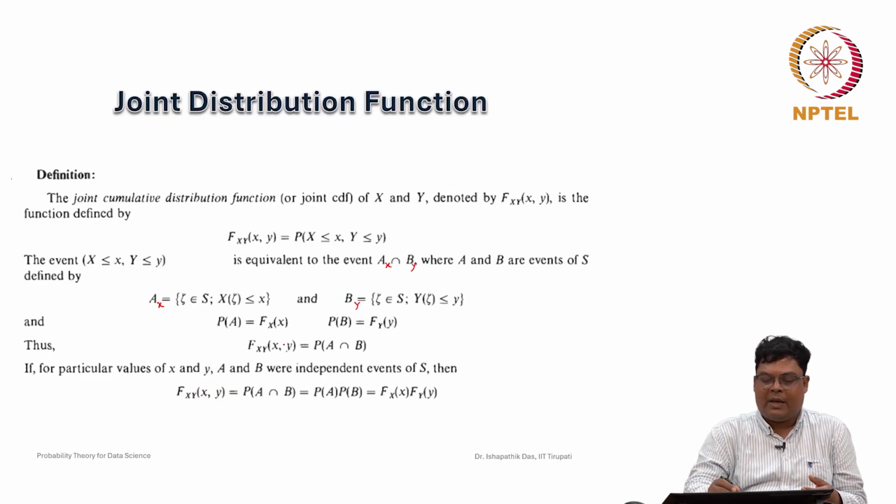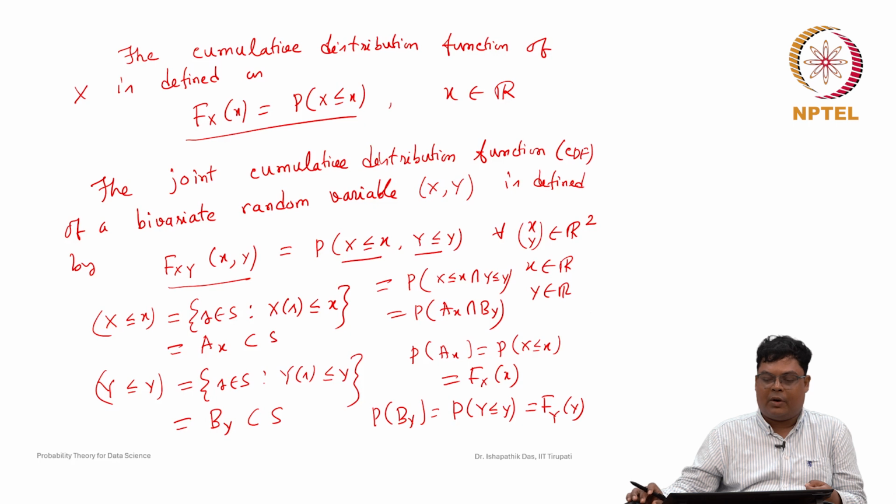So, P of A is F_X(x), P of B is F_Y(y), and F_XY of x, y is nothing but the probability of A_x intersection B_y. So, this should depend upon y. That is why, for particular values of x and y, if A and B are independent events, then this will happen. Now we will discuss important properties.